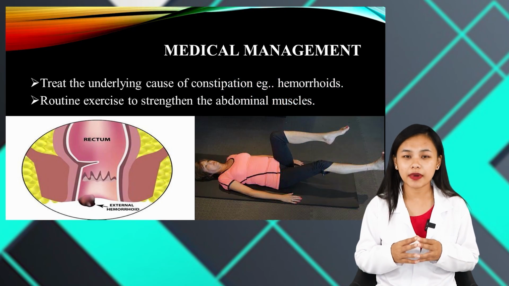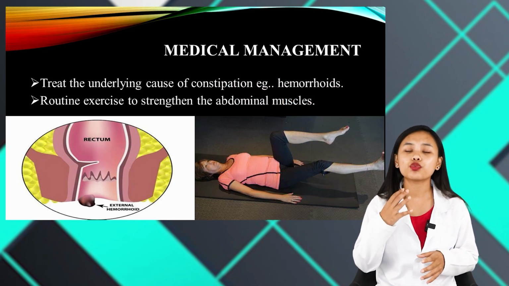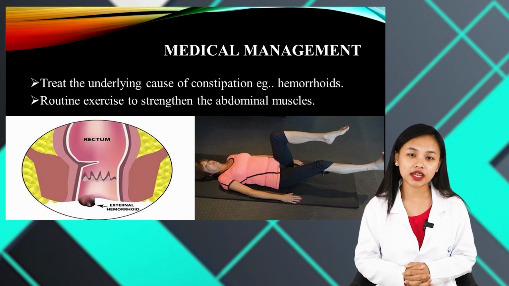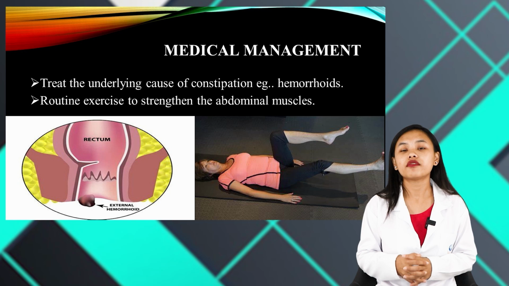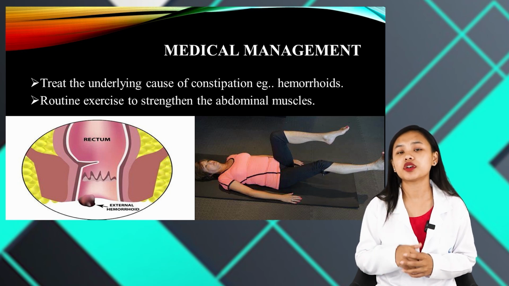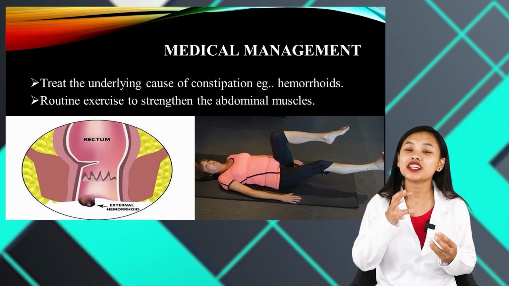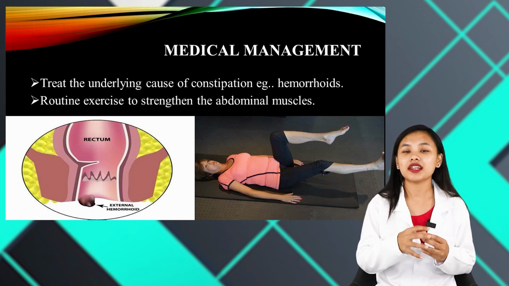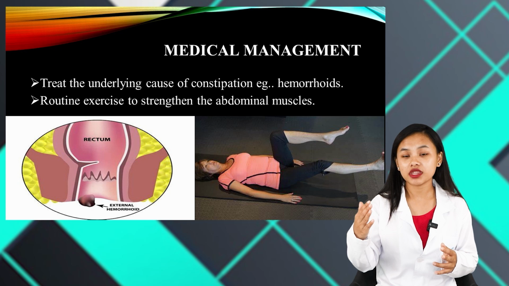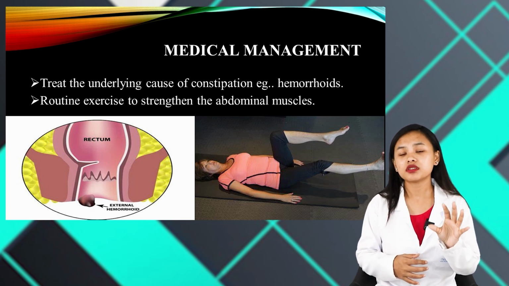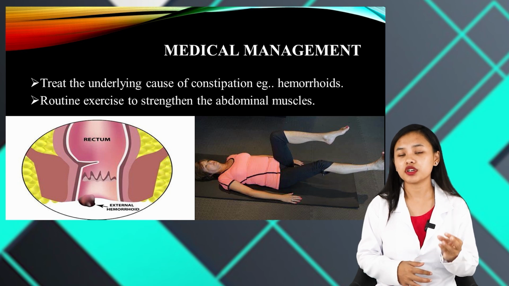Under the medical management, the first thing we need to do is find out the underlying cause. For example, if a person is having hemorrhoids, then we must first treat the hemorrhoids and then move on with the treatment, because sometimes the constipation is because of this cause.